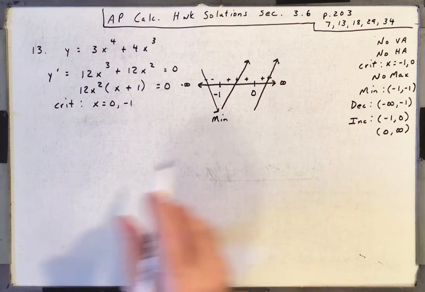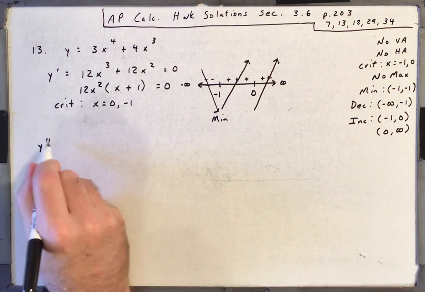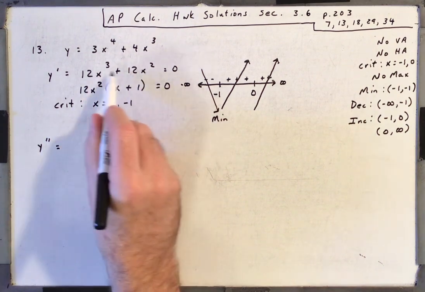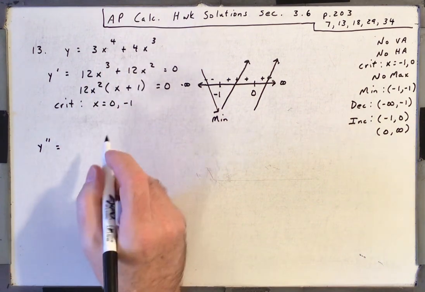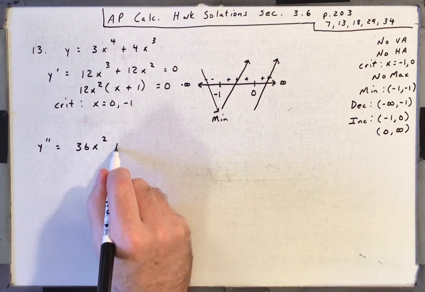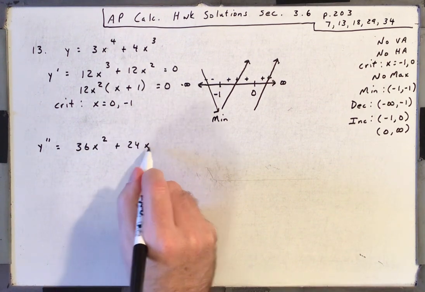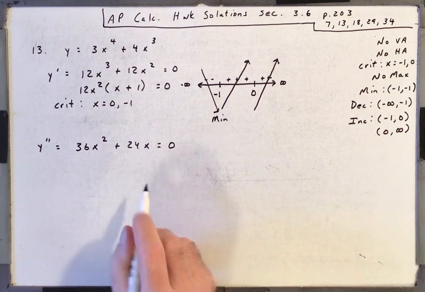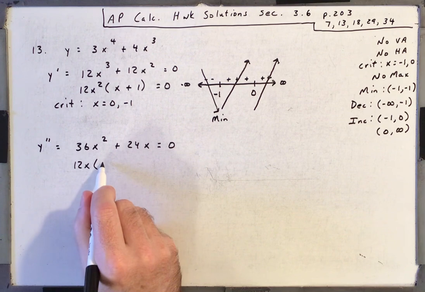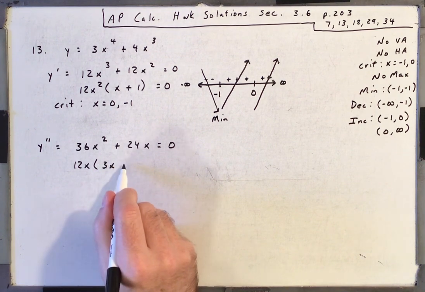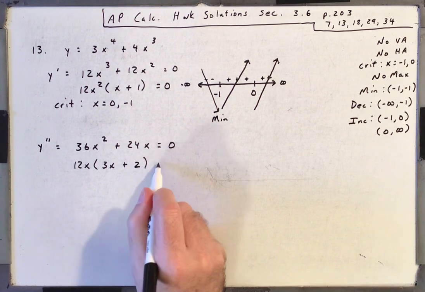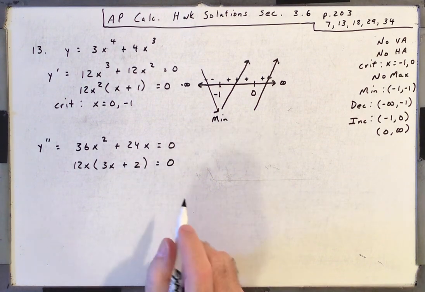Okay, so now let's do the second derivative test. Y double prime. So I'm going to take the derivative from here. 3 times 12 is 36x squared plus 24x. Set that equal to 0. We could factor out a 12x, and I would have 3x plus 2 equals 0.